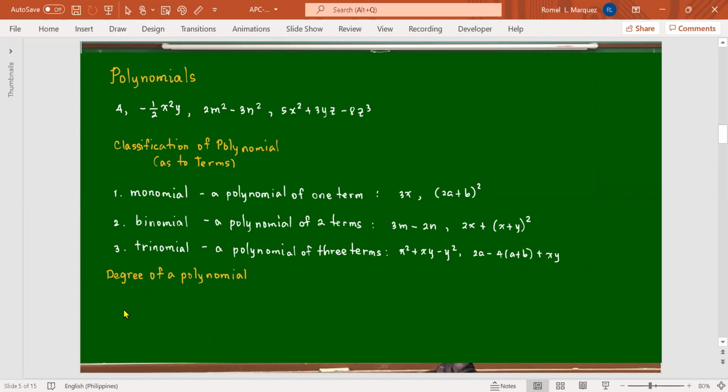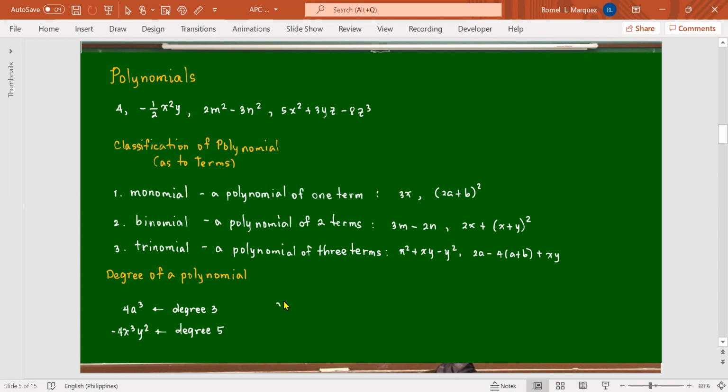So for instance, if I have 4a cubed, what's the degree, guys? 3. Okay? If I have negative 4x cubed y squared, what's the degree, children? 5, right?